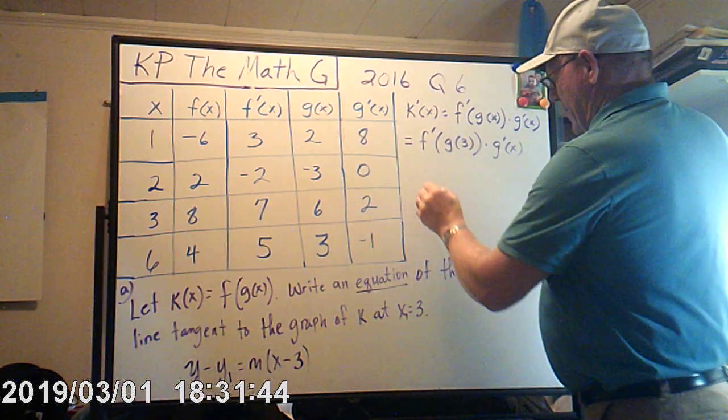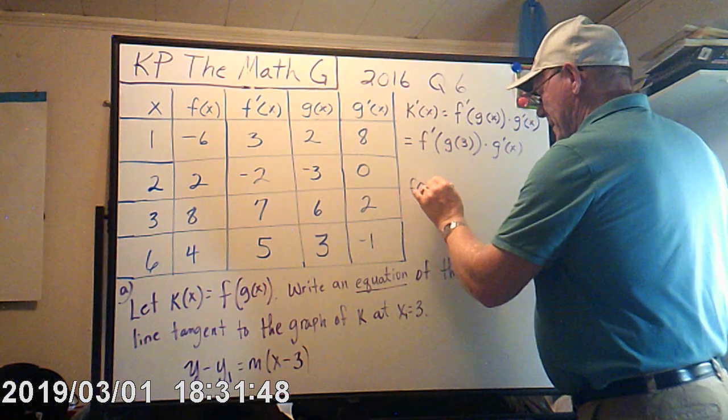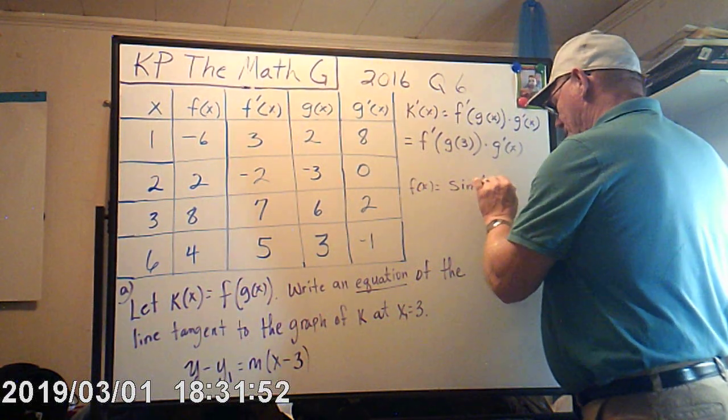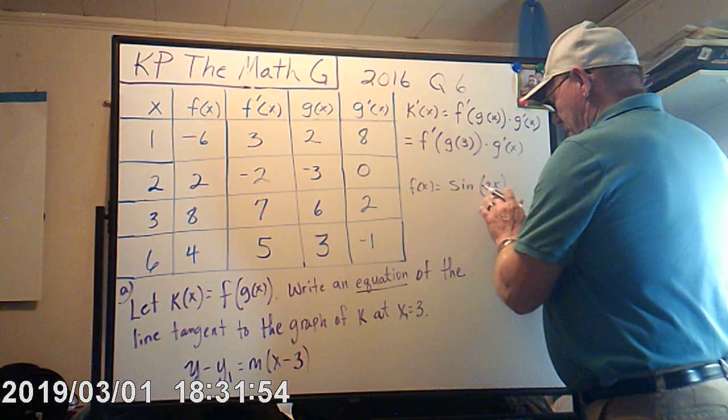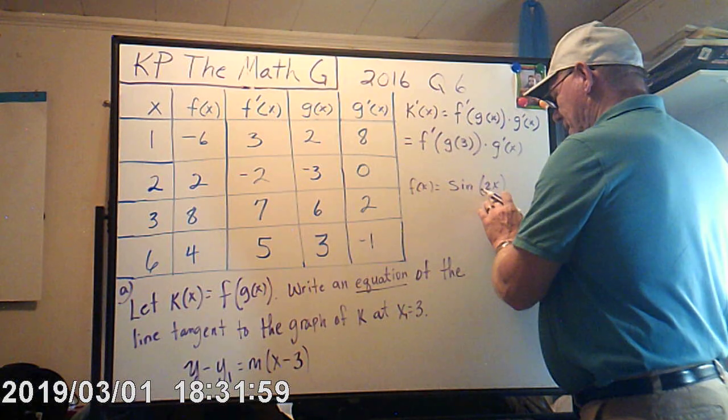It's kind of like saying, well, what if f at x were equal to sine of 2x? This is the f at g at x here.